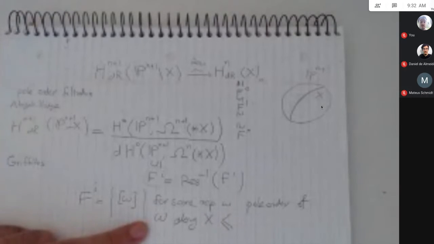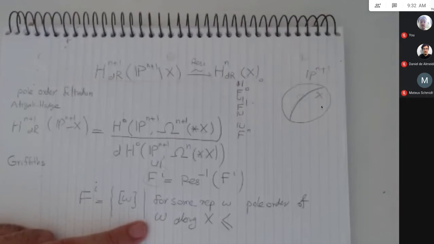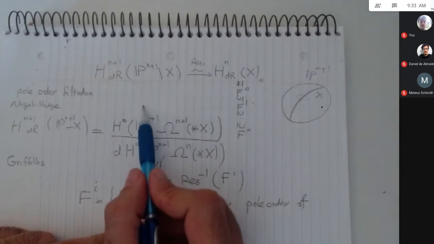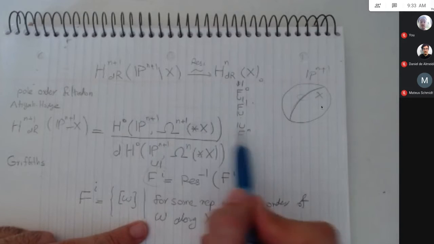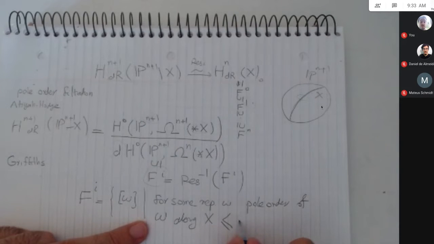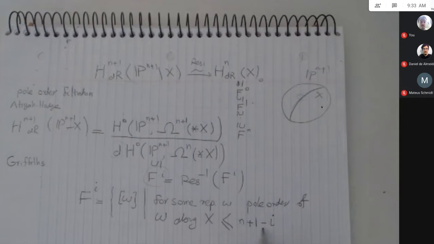Let me make the proper translation. So for pole order equal to 1, it must be F^n. So in particular for F^n, the pole order must be less than or equal to 1.